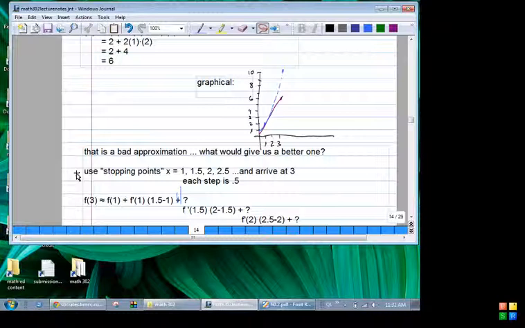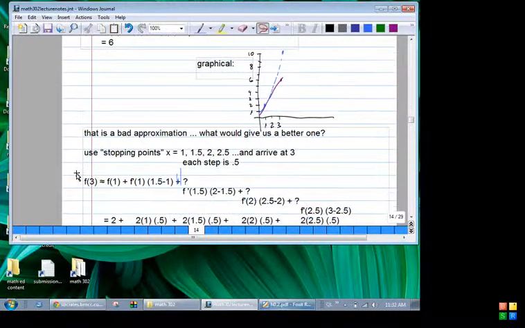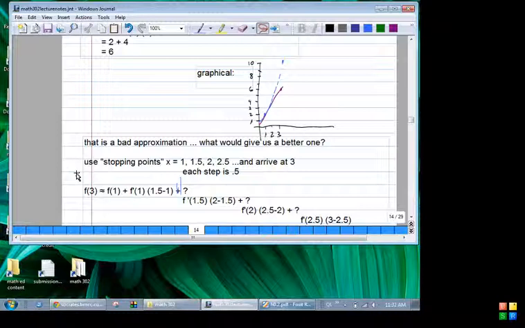And after each half unit, we're fixing the slope. Then finally, f prime at 2.5, from 2.5 to 3, is my last change in x, and that brings us up finally to x equals 3.